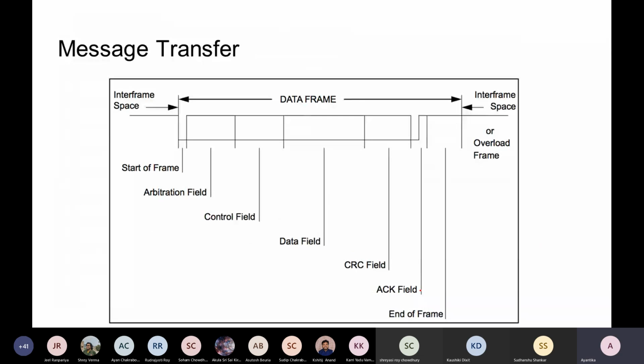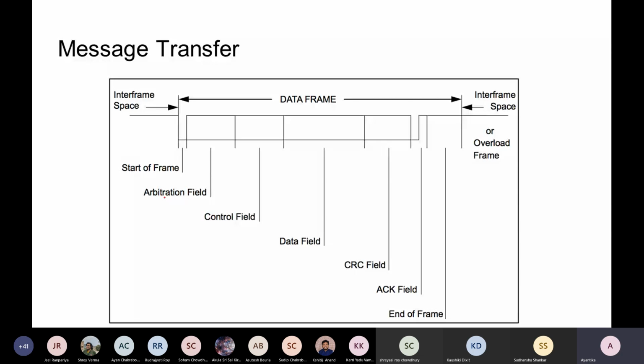Now for message transfer in CAN communication, we have discussed most of the things. We know what we mean by start of frame and why it is required: for synchronization between sender and receiver. Then what is the purpose of the arbitration field?